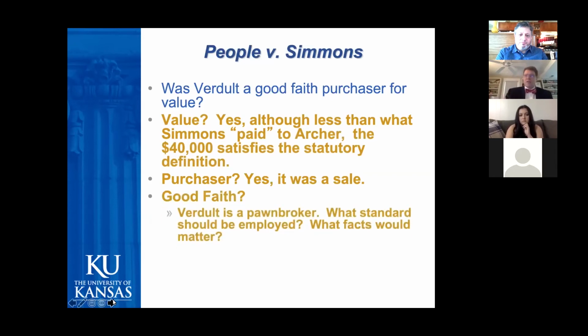So I'd like to switch over to Alice. If we're trying to figure out whether Verdault acted in good faith, what are the facts from our fact pattern that you think help support the notion that Verdault acted in good faith?